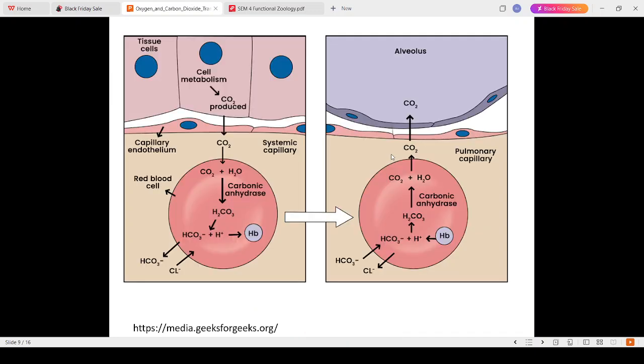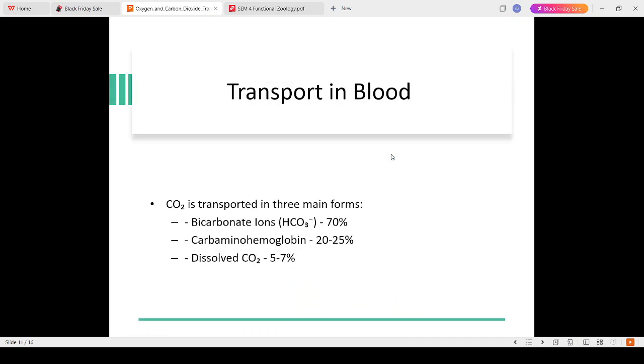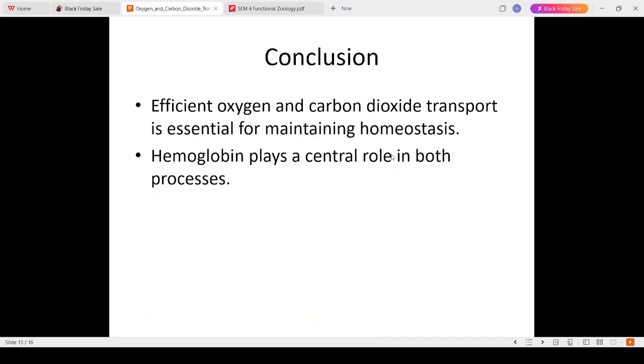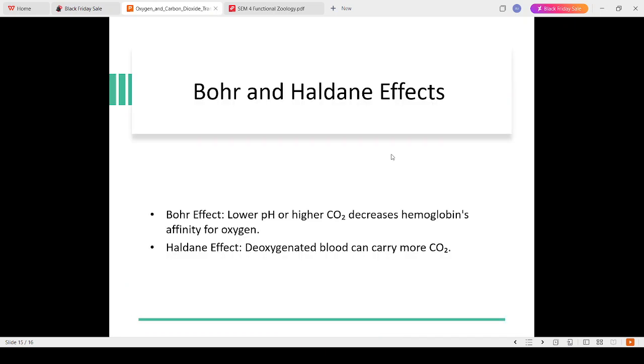So this is how the transport of carbon dioxide normally takes place. And what is important is that you have to remember what is known as the chloride shift. That is, when 10 negatively charged bicarbonate ions are moving out, an equal number of 10 negatively charged chloride ions are coming in.